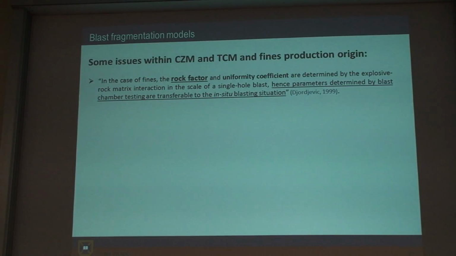Because, as I explained, to calculate rock factor we have a formulation, and we use data like rock strength and the structure of the rock, which gives us an idea about the competency of the rock. But for the fines, it again loses the original definition of the rock factor. And hence, parameters determined by blast chamber testing are transferable to in situ blasting information.